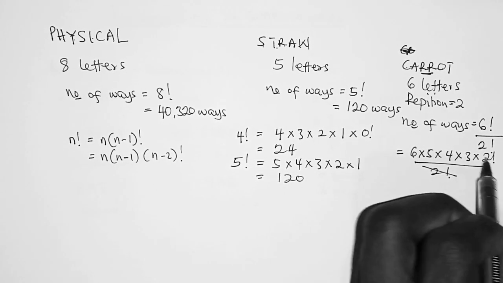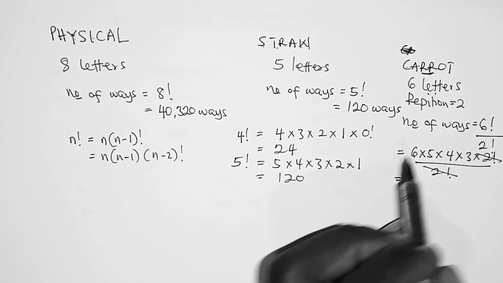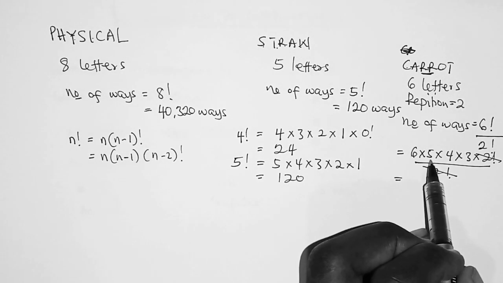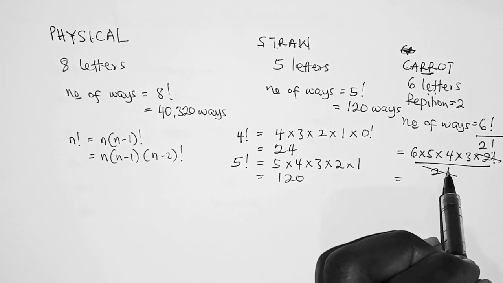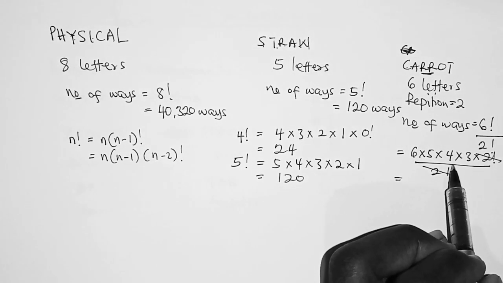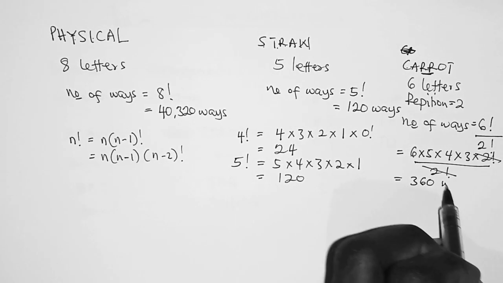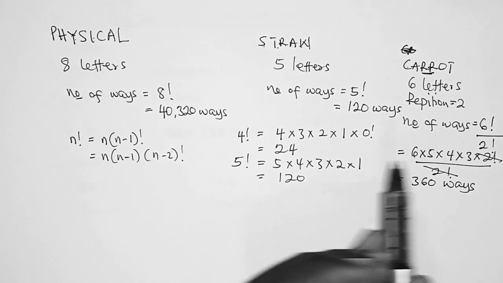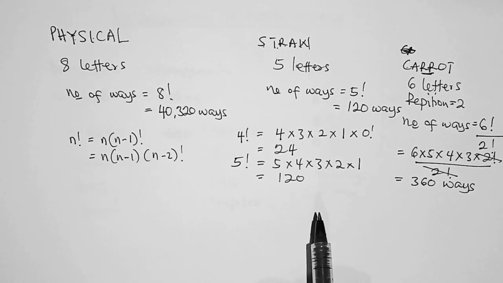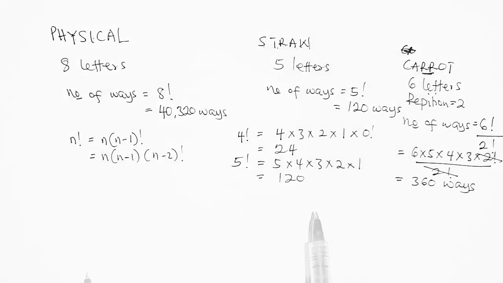And then this 2 factorial and that 2 factorial can cancel out. So we are left with 6 times 5, which is 30. 30 times 4 is 120. Then 120 times 3 is equal to 360. So there are 360 different ways of arranging the word carrot.